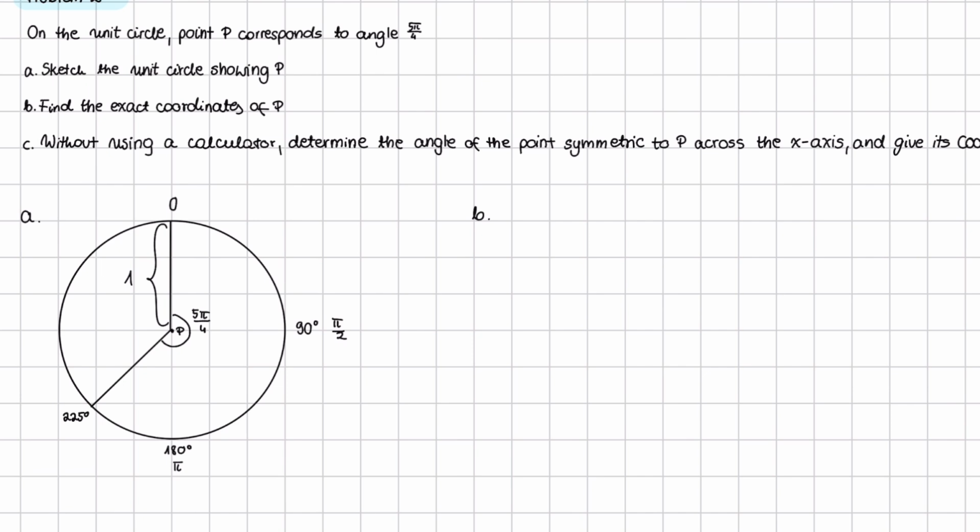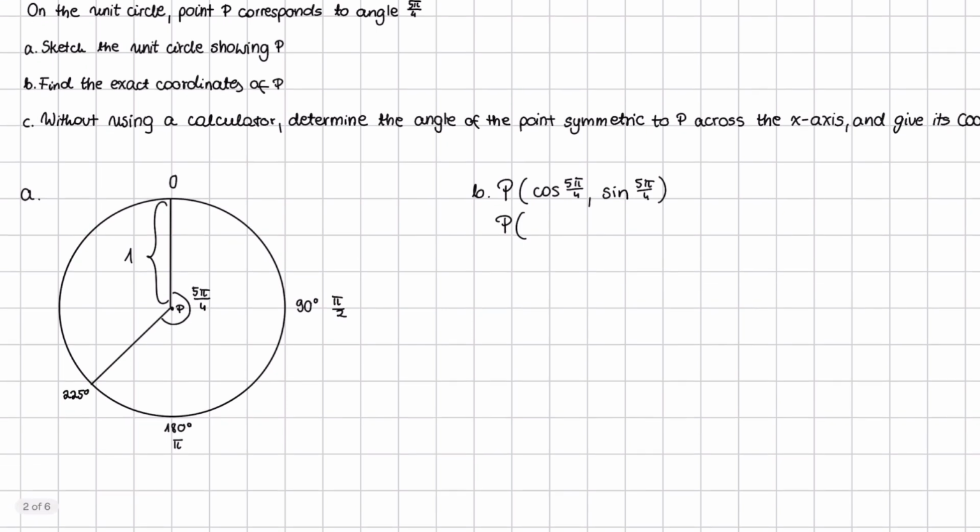So the coordinates of our point P are cosine 5 pi over 4 and sine 5 pi over 4, and we have to give the exact coordinates, so we have to calculate them. So cosine 5 pi over 4 is negative square root of 2 over 2, and the same as with sine, so negative square root of 2 over 2.